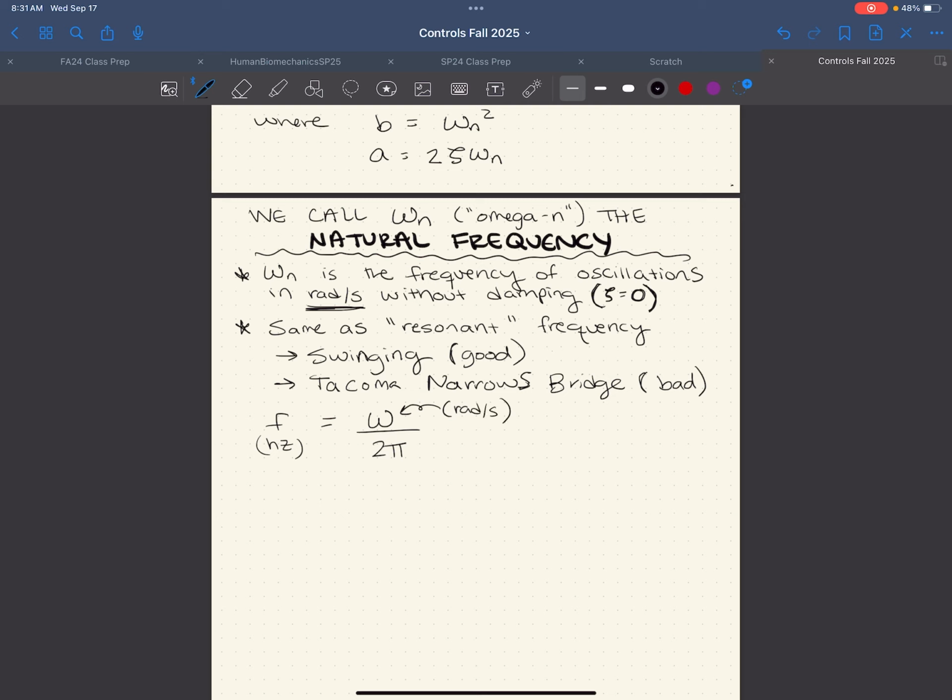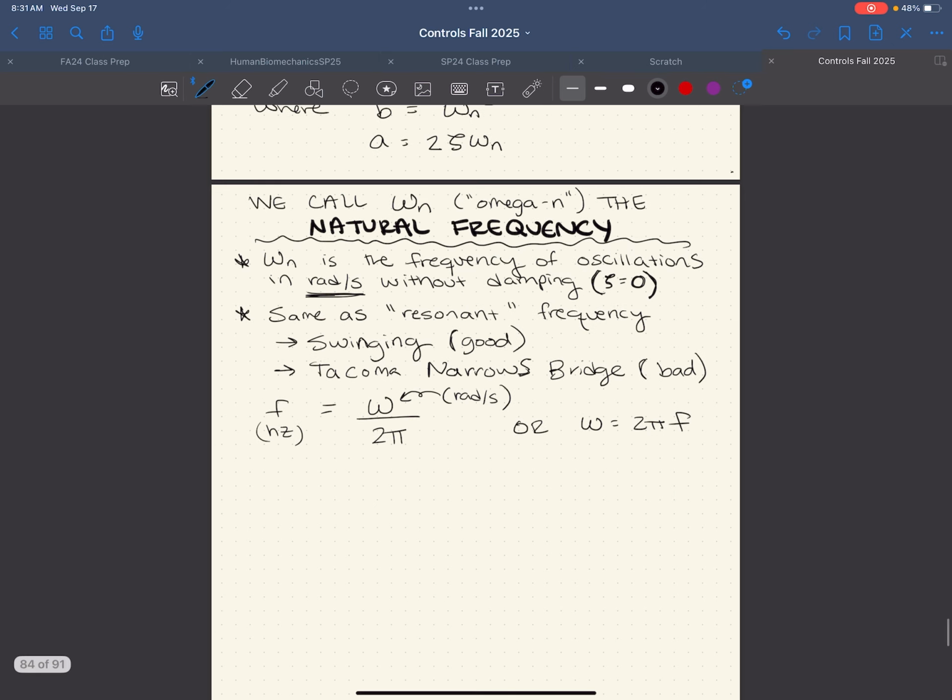Just in case you need to make that unit conversion. This is equivalent, of course, to omega equals 2 pi times frequency in hertz. Okay, so that's all I'm going to say about natural frequency.